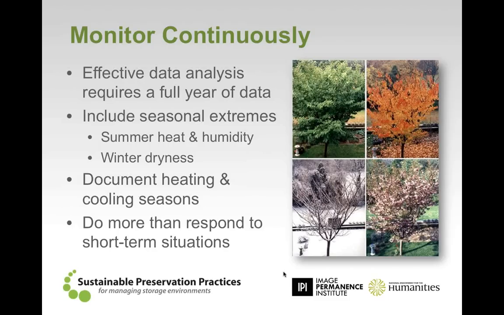You want to keep those loggers in one location for as long as possible. The more data you have for that space, the more it tells you how it's handling the seasons, winter to spring, spring to summer, summer to fall, and what your system is doing. Using that data, you can try to avoid repeat scenarios.